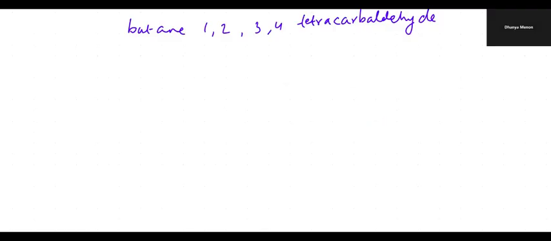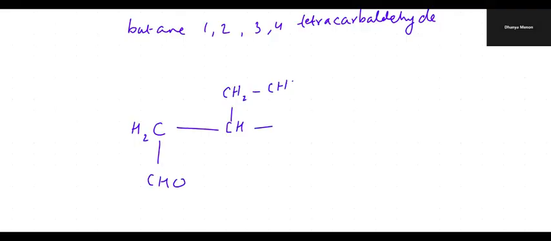If you see CH2, CHO, CH, CH2, CHO. There's CH2, CHO. If you see, this CHO is not directly connected to the main chain.